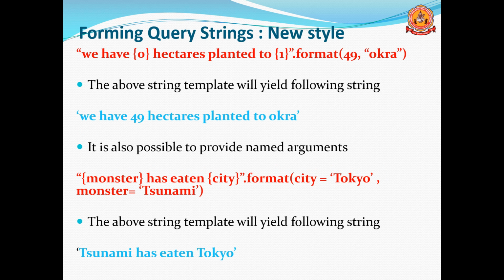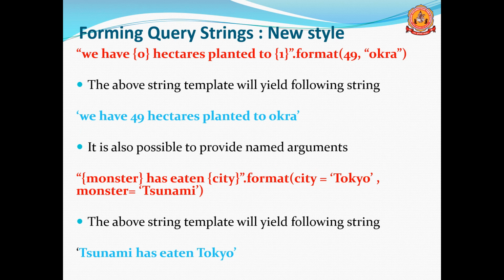We'll move to an example. We have {0} hectares planted to {1}. Remember, curly bracket 0 and curly bracket 1. Next I used the format function. In the format function, 49 comma okra is given.